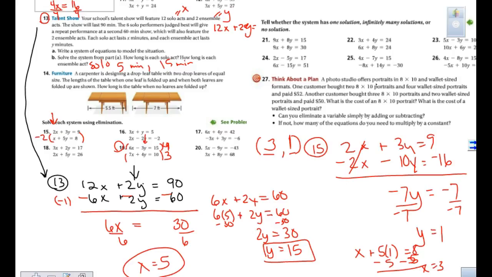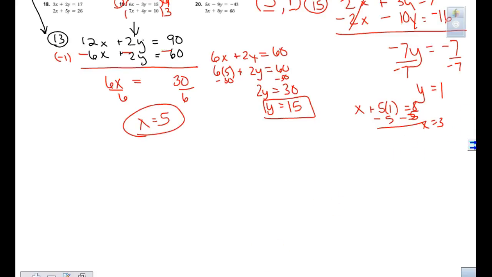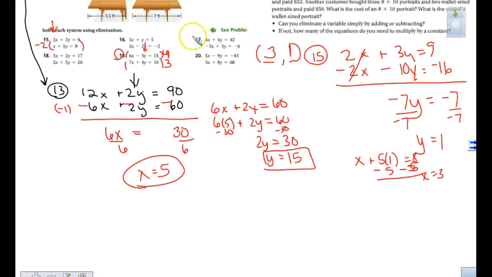I personally think the easiest one, Kellen, what do you think for your easiest variable in 17? To eliminate X. X. I'm just going to multiply that whole second equation by 2. Whereas when you got to number 19, you actually have to multiply both equations.